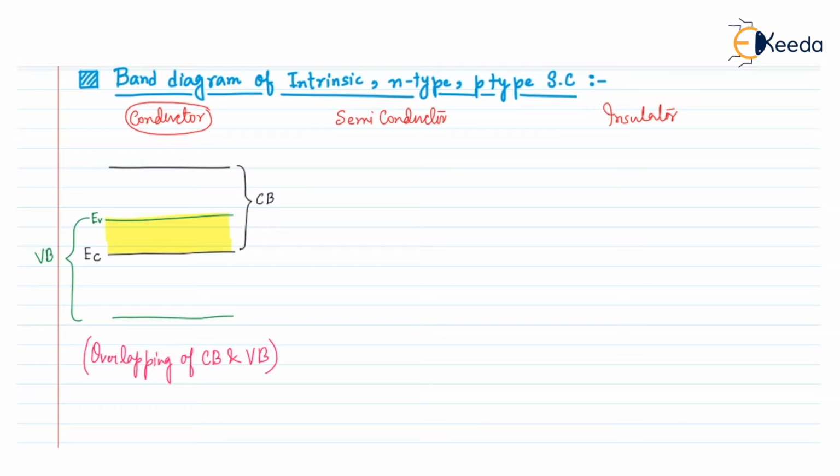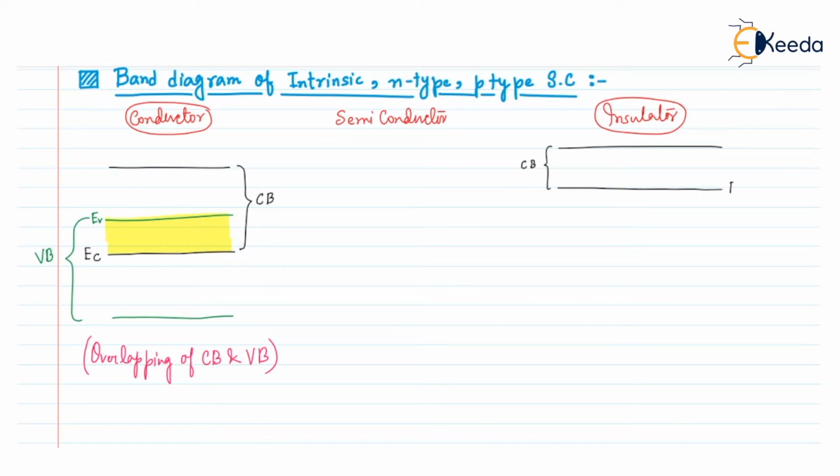Now let us discuss the insulator band diagram. In the insulator band diagram, there will be a conduction band. So let us define that this is the conduction band, or CB.